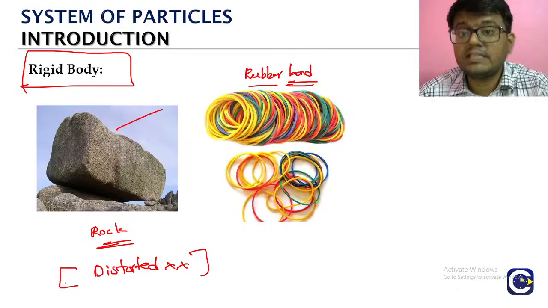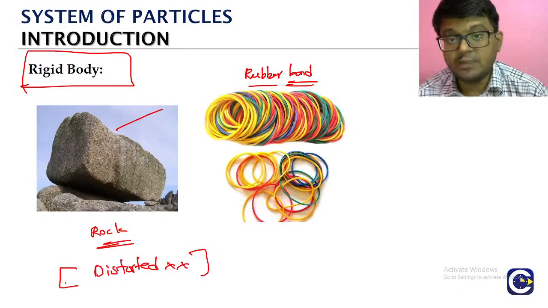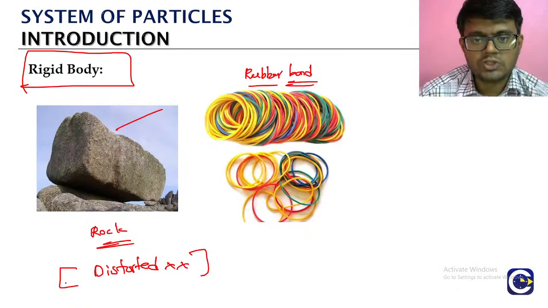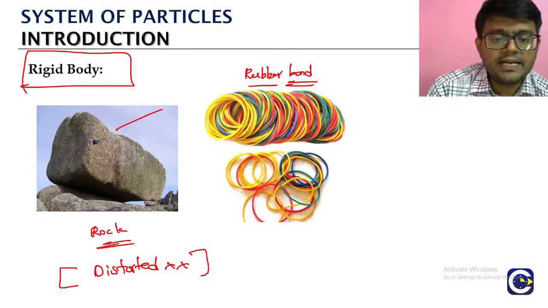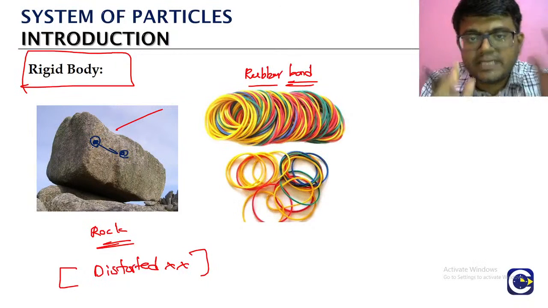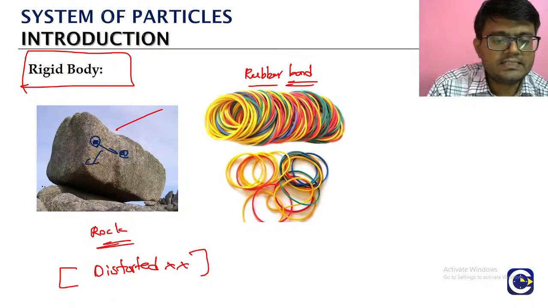We'll study this in the properties of solids, where we talk about what happens to a solid when we try to deform it. But here, let us look at the point masses on that rock.